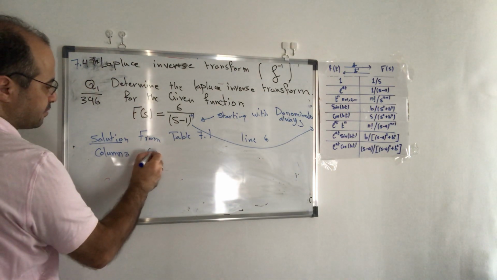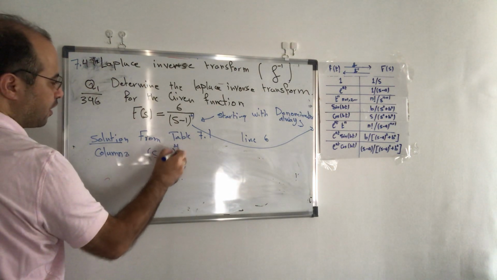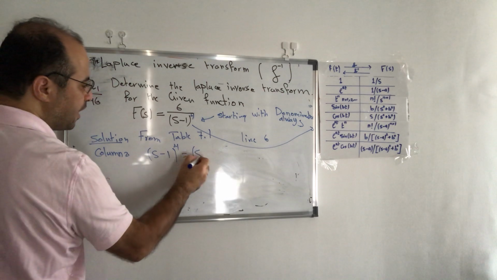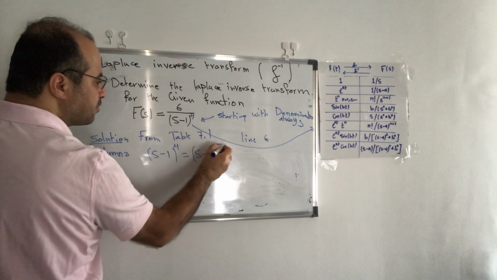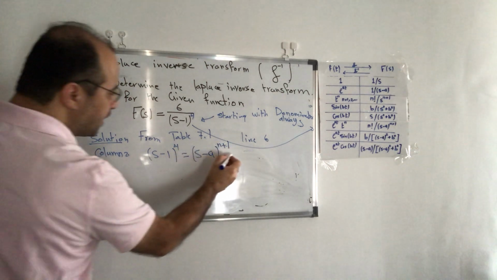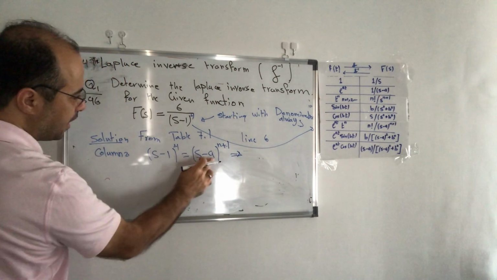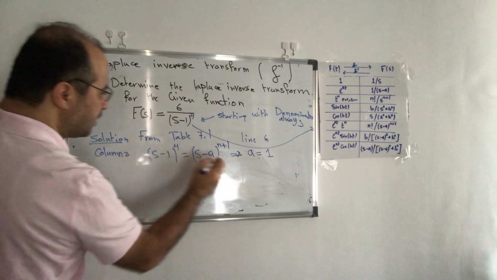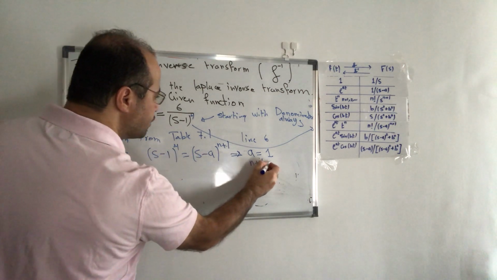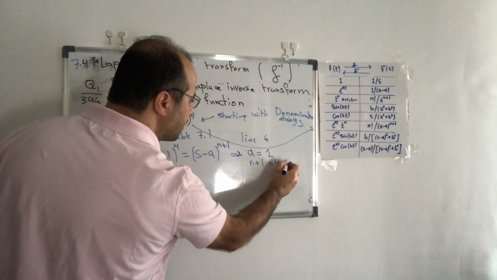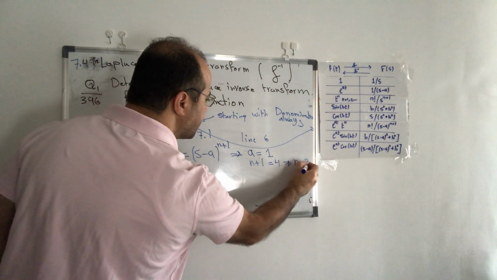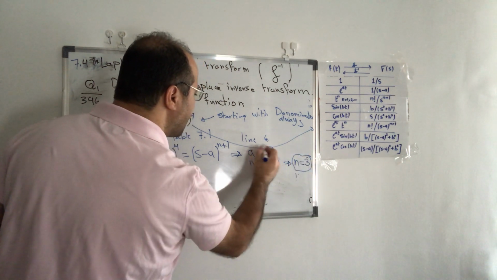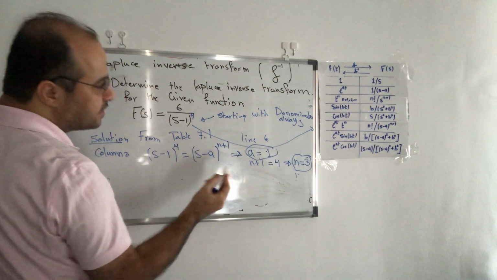Then s minus 1 power 4 should equal s minus a power n plus 1, right? It's clear that a should be 1 and n plus 1 should be 4, and if you solve for n, n equals 3, right?